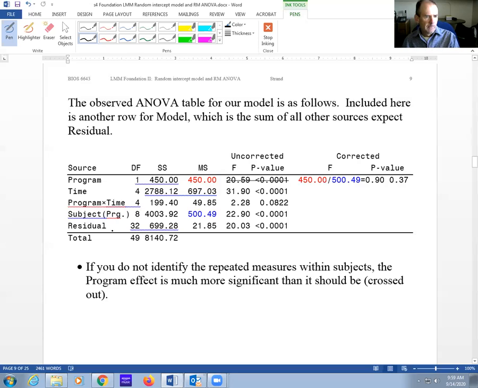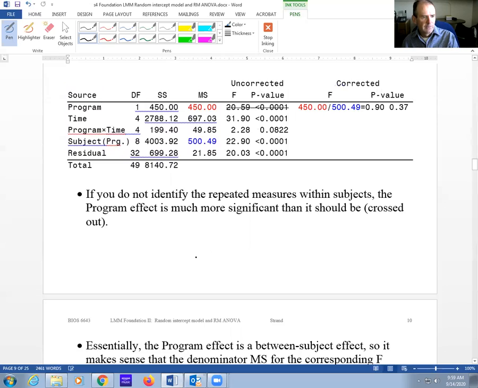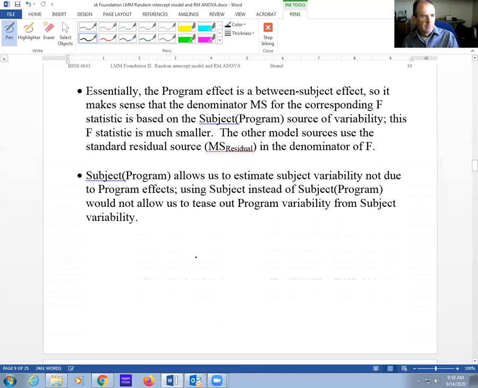Okay, so in terms of the group or program effect, one way to think about it is that a program effect is a between subject effect, right? Because when you're comparing programs, you're comparing things that have different subjects in them, in this case.